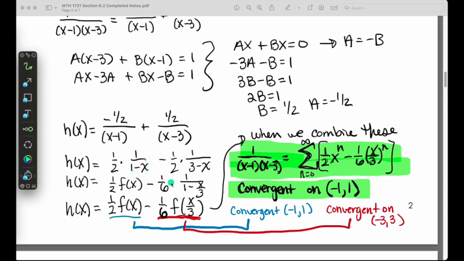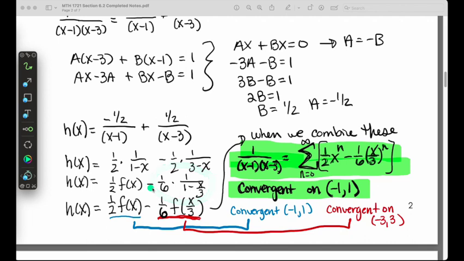Now with the second one, I needed to do a little bit more work. I pulled the 1/2 out and I negated it so I could switch the x minus 3 to 3 minus x. And then to make this 1 minus something, I need to divide everything by 3. And when I divided everything by 3, this is what I got.